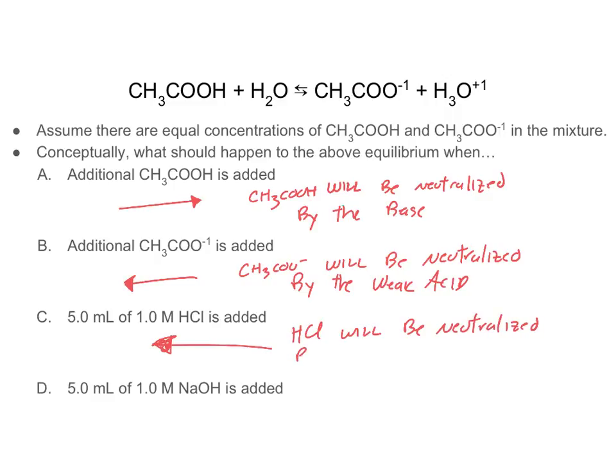Because it'll react with the base, which is the CH3COO minus. So it's going to react with the conjugate base, yeah. Okay? Now what about if I add the NaOH? It'll react with the weak acid and the reaction shifts to the right.